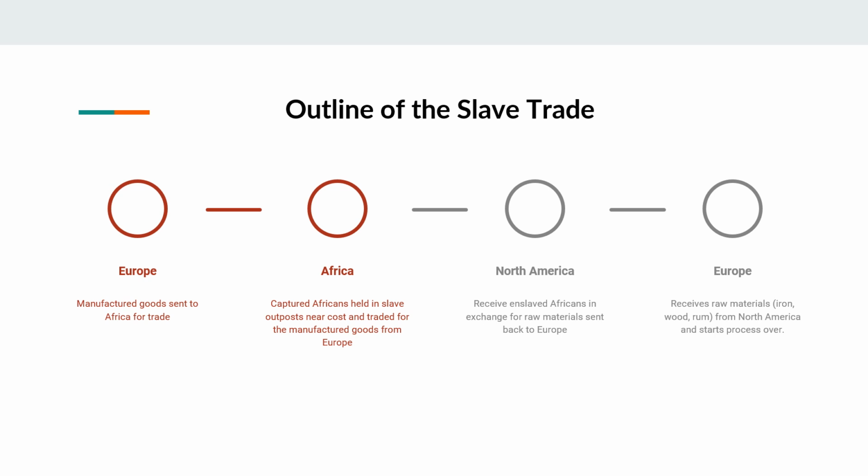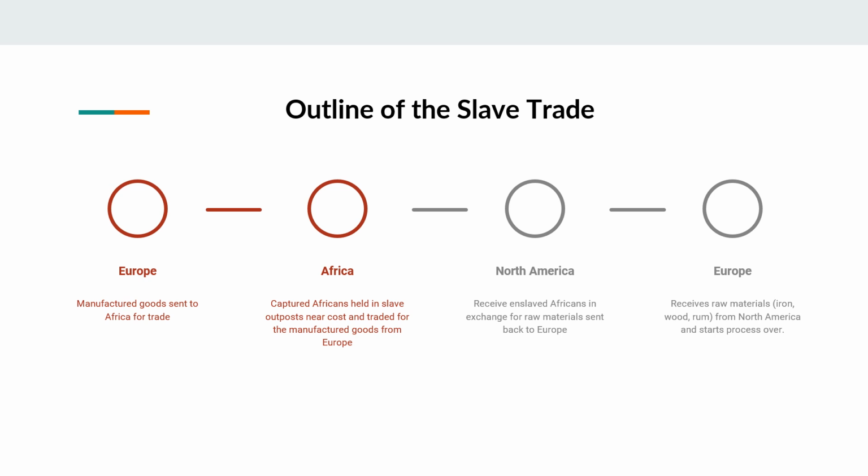Once those are traded for, European ships that have received these enslaved Africans send them to North America to be exchanged for raw materials. That's an important part of this entire cycle: the manufactured goods being made in Europe can only be made because there is so much natural resource wealth in North America.